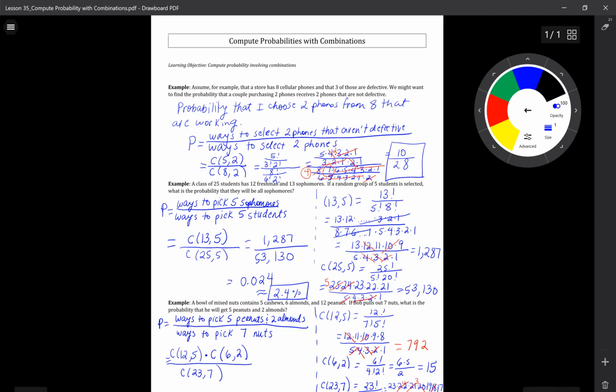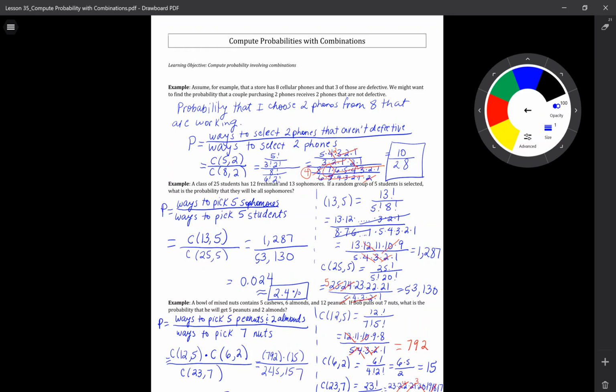Okay, so putting this all back into our equation over here, I saw that C of 12 choose 5 was 792, C of 6 choose 2 was 15, over 245,157.